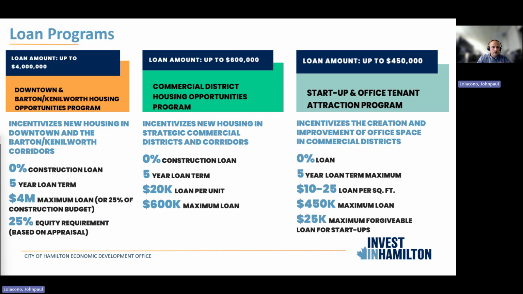The downtown Barton-Kenilworth program offers a loan up to $4 million max. That program is for a minimum of 10 residential units. And then versus the a little bit smaller commercial district grant, again, 0%, 5 years, but you're getting $20,000 of a loan per unit up to a $600,000 max.